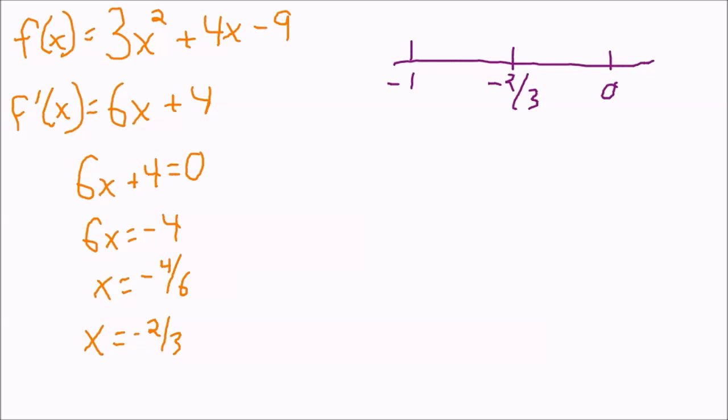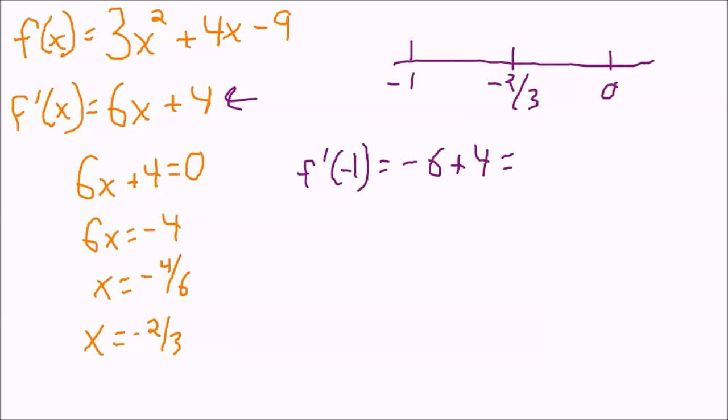And what we're going to do is plug these values negative 1 and 0 into our derivative function. And then from there, if we get a positive value, I know that I'm increasing on that interval. And if we get a negative value, we know that I'm decreasing on that interval. So let's see what we got here. When I plug in a negative 1 into my derivative, f prime of negative 1, I'm going to get negative 6 plus 4.